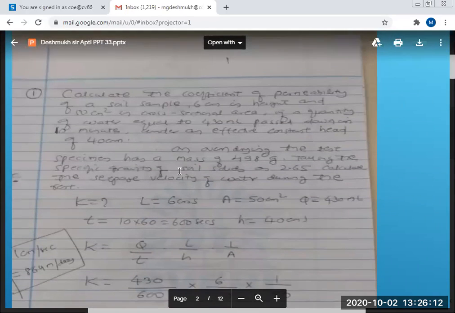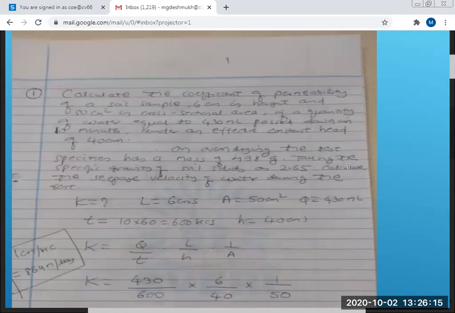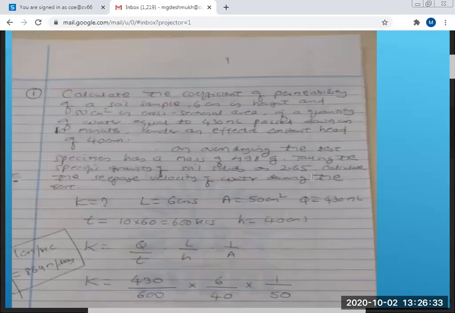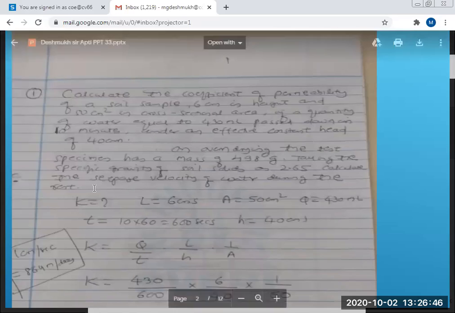सेकंड पार्ट में क्या बोलता है, on oven drying the test specimen has a mass of 498 ग्राम। जो स्पेसिमन आप परमेबिलिटी फाइंड आउट करने के लिए निकाले, उसको हम ओवन में रख के ड्राई करें, तो 498 ग्राम उसका वेट आता है। Taking the specific gravity of soil solids as 2.65, calculate the seepage velocity of water during the test.